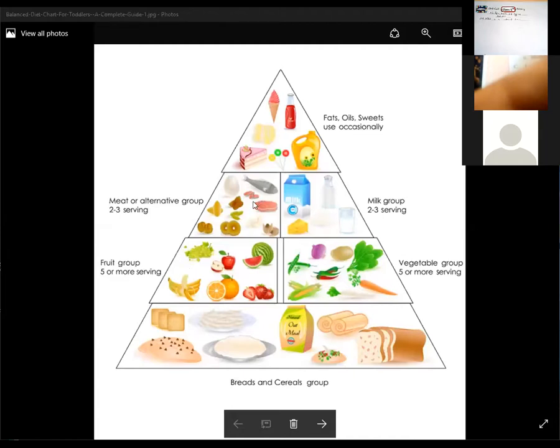And the second group is meat and alternative groups. In this group, we see the things that are just like fish, eggs, and the other things that are made from chicken, meat, and beef. The third group is milk group, milk foods.